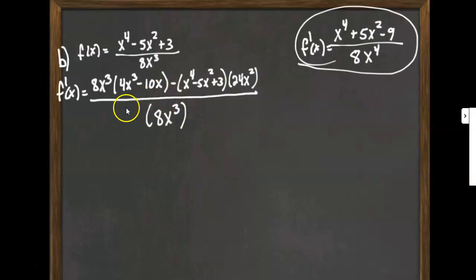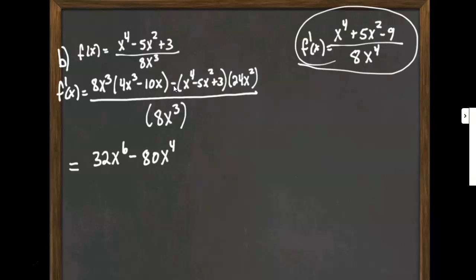Okay, so at this point, we want to continue with simplifying here using our quotient rule. So we're going to need to multiply through by the 8x cubed. Right, and we're going to need to multiply the 24x squared through here. And also don't forget about the negative. So as we begin to do that, 8x cubed times 4x cubed will be 32x to the sixth. Minus 8 times 10 would be 80x to the fourth.